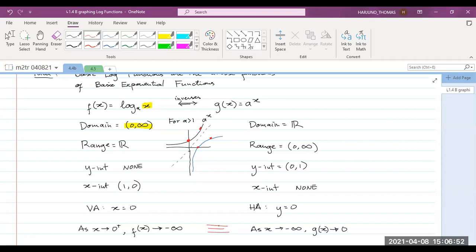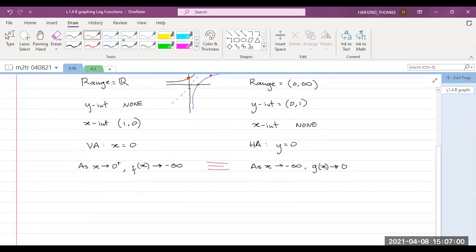Now, if the base is between 0 and 1, notice that it will be a decreasing function.